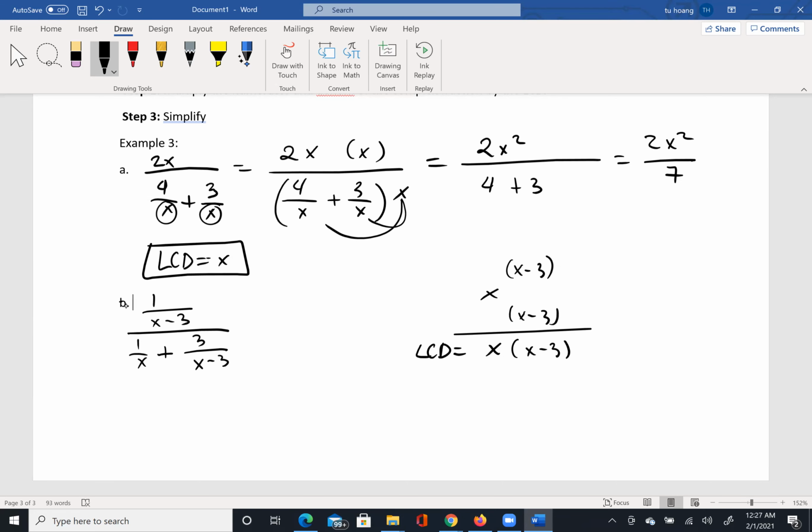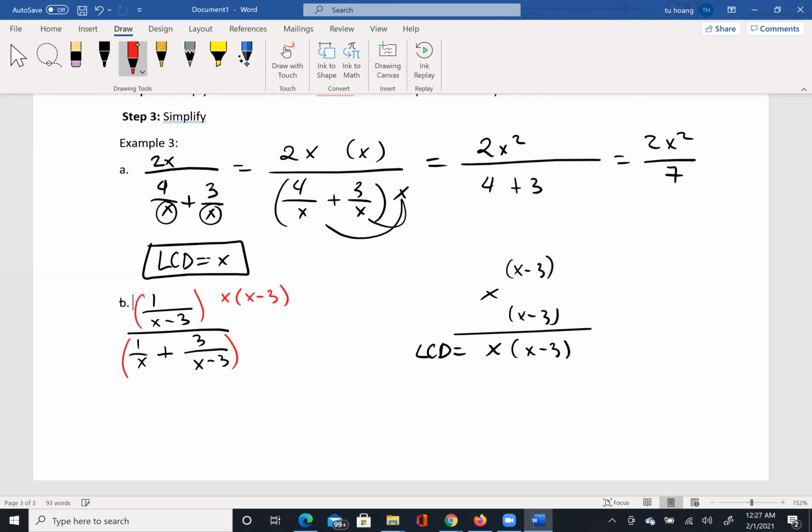That's it. Then you can just multiply both top and bottom by the LCD, right? So I'm going to multiply, let me use another color, multiply this by x times x minus 3.